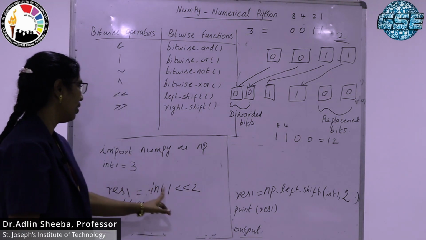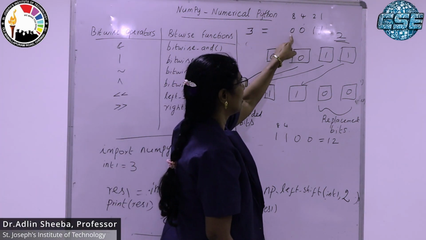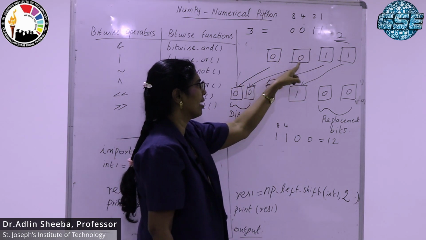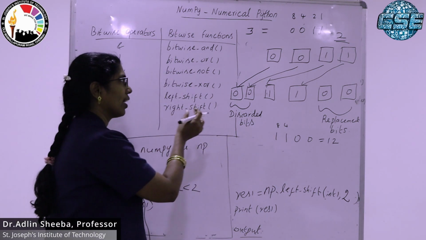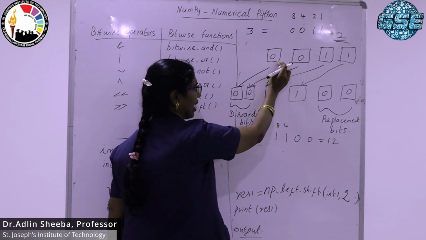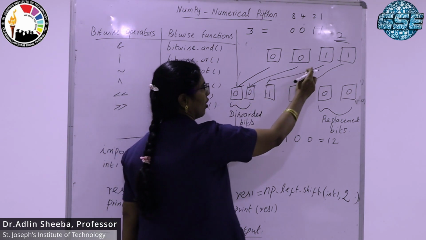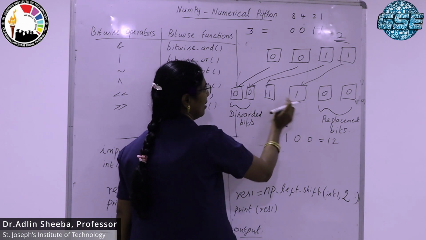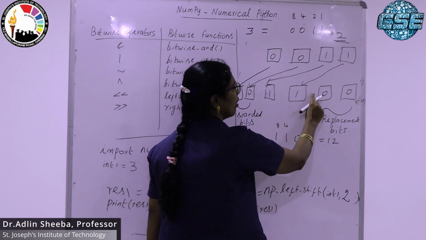So what will happen? The number 3 converted to binary is 0011. For understanding I have drawn it like this. We have to shift it to the left side. These 2 bits I am shifting to the left and discarding. Then this bit will come in this position and this bit in this position, as we have 2 shifts.